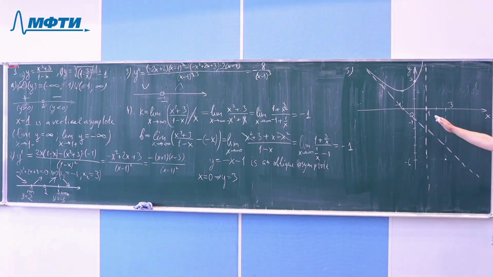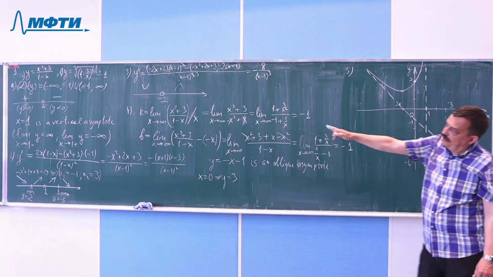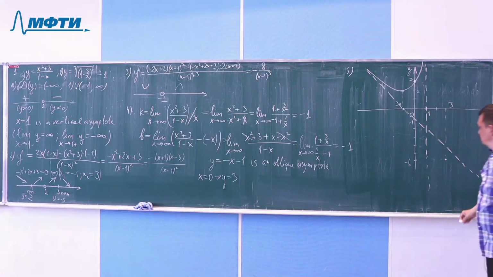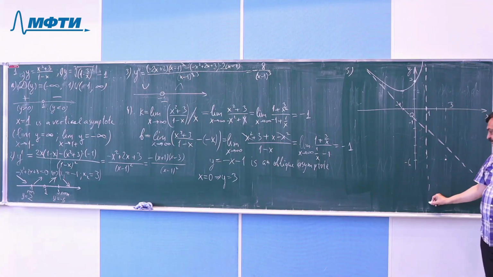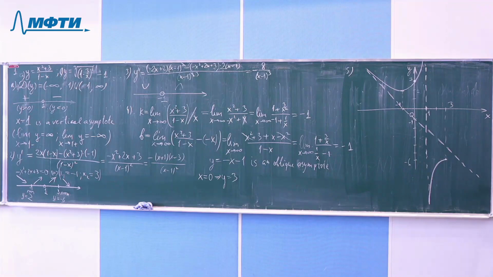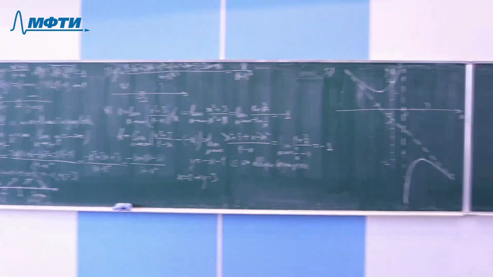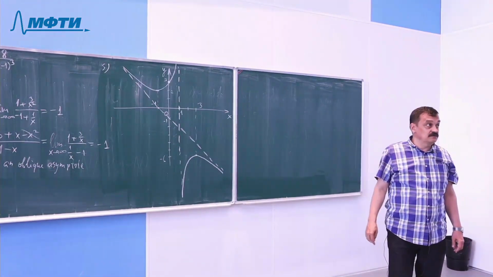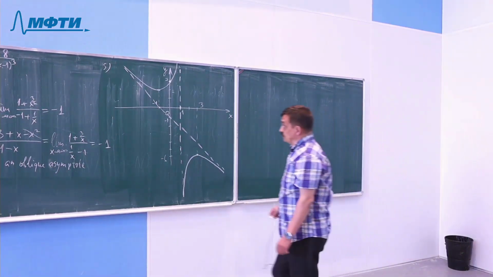Then the function changes sign at x equals 1. So it starts from negative at the vertical asymptote, increases up to the maximum point, and then decreases approaching the oblique asymptote. And so we obtain the graph.